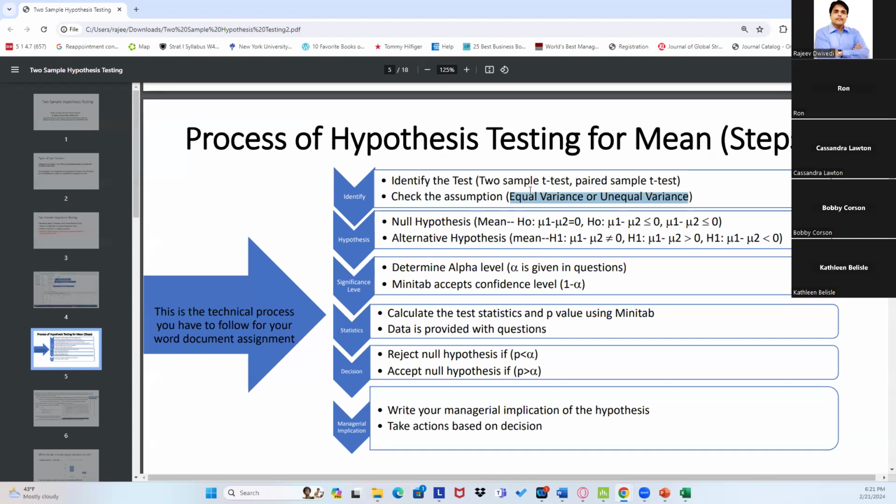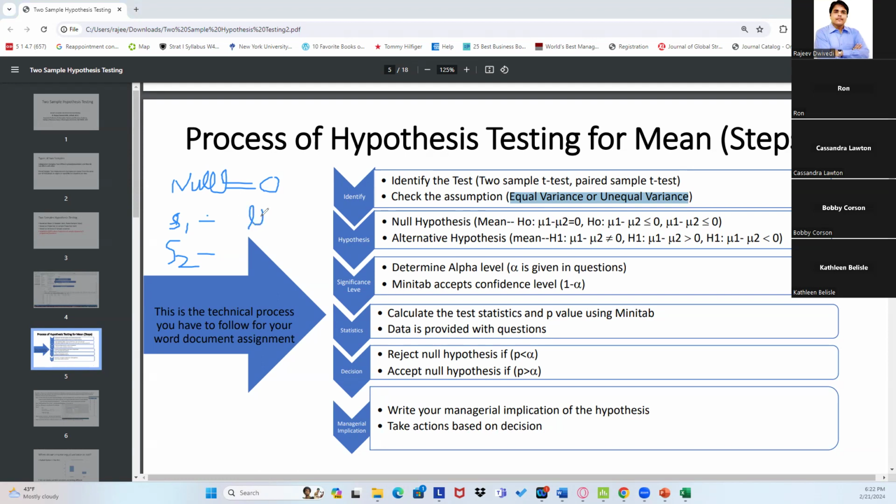Null means nothing. The meaning is null is equal to 0, or nothing. If you have sample 1 and sample 2, the mu is for the corresponding population.